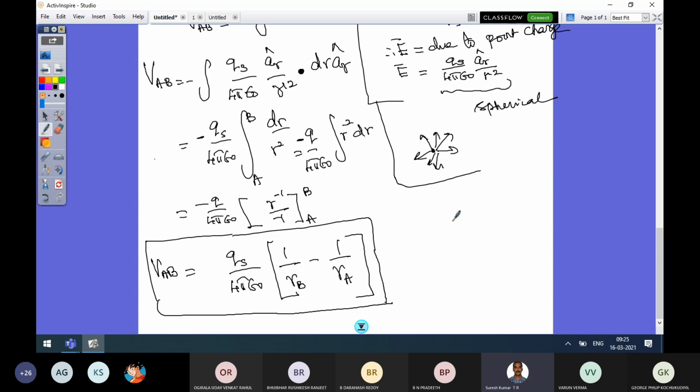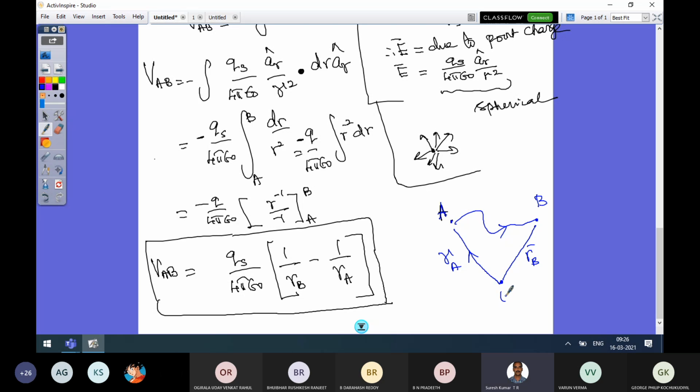Let us say this is starting point A, from where you are moving the test charge, and you are reaching the point B. Okay, let us say this is the path you are taking, and there should be some origin, right? With respect to the origin only, you can draw this r. What is r? We used to call it the position vector. So the position vector drawn from the origin is r. This is ra and this is rb.